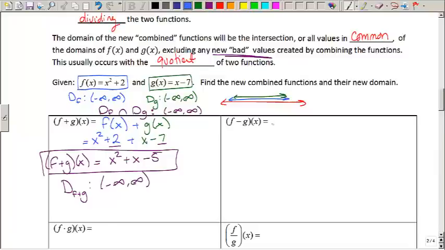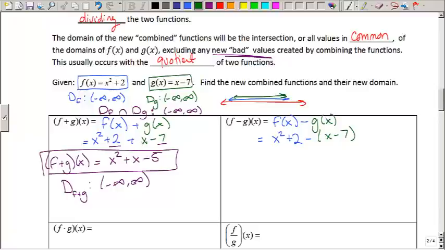For f minus g of x, using my definition, I have f of x minus g of x. The f of x values I can use are x squared plus 2 minus x minus 7. Notice I put x minus 7 in parentheses because I have a minus here. Because I have a minus, I'm subtracting all terms of g of x, which is why I use the parentheses.